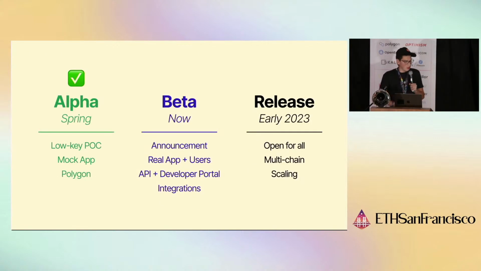And then where we are right now is we launched this protocol, this alpha protocol, about 6-7 months ago. We've been iterating. It's very low key. We've now built different applications, integrations. You can see Worldcoin and Lens integration.